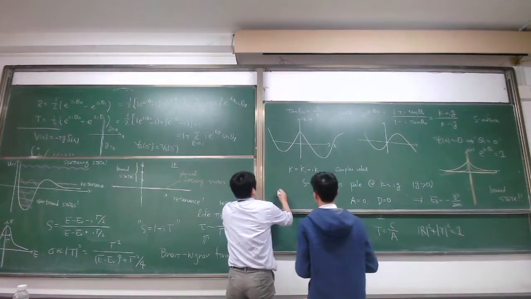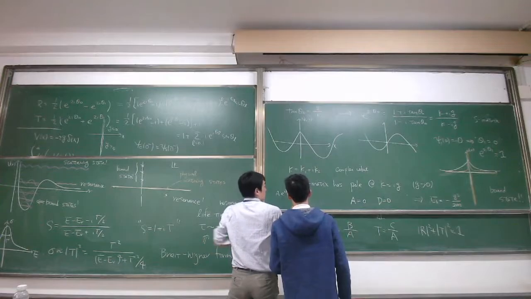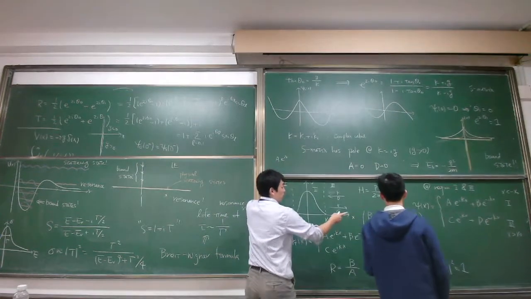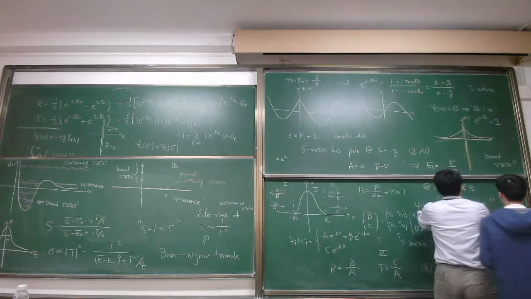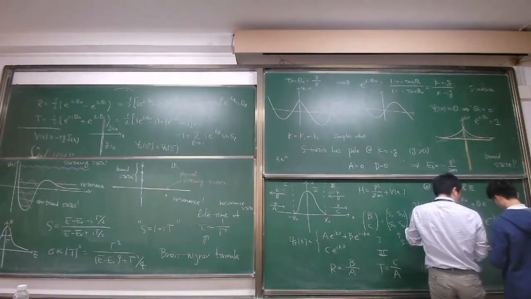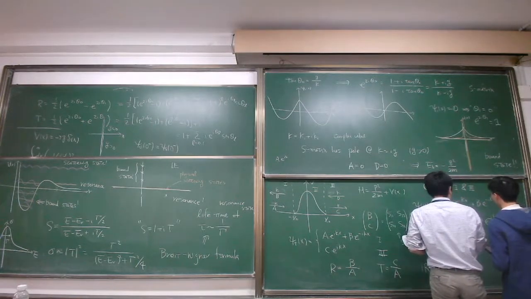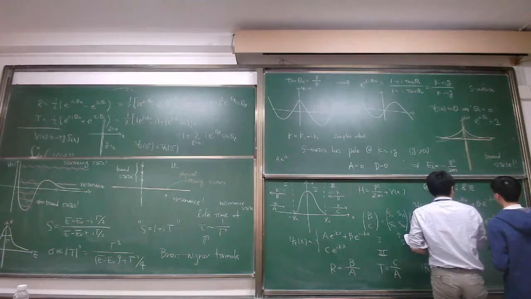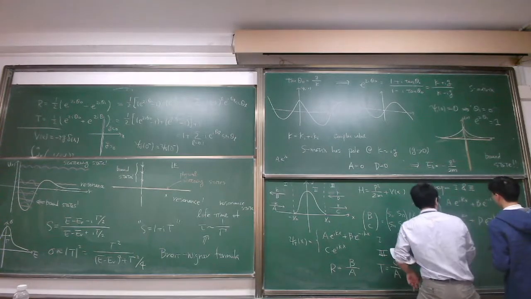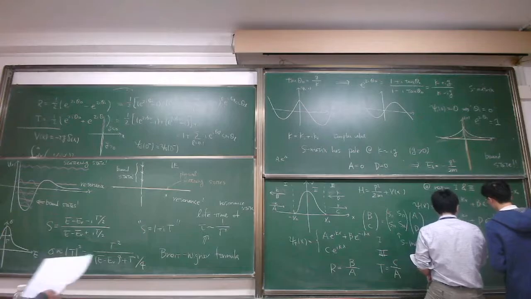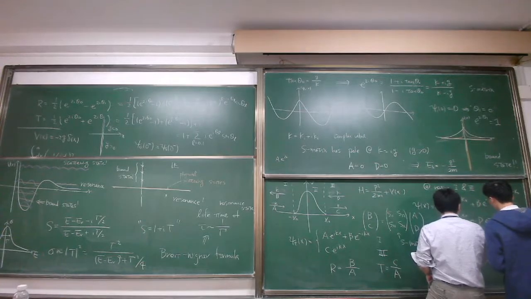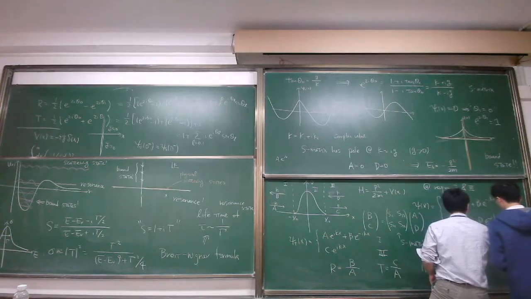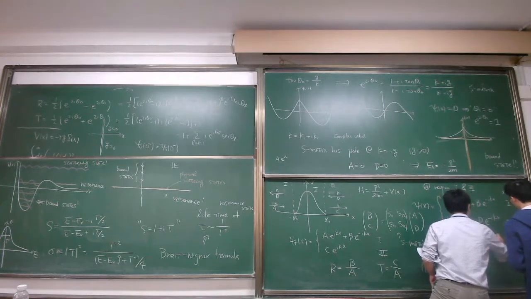One is this one, or you can have cosh(ax), whichever is operating.